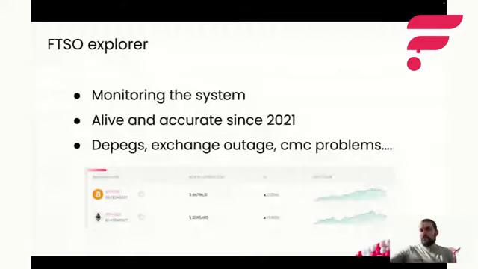So the data providers immediately switched to more secure and resilient exchanges and removed the outliers. Even when the pegs were happening, the data providers recalculated the price not according to USDT, how most coins usually trade, but according to USD, to make sure they were submitting the correct price. And we can safely say that the FTSO system has proved to be resilient enough, even in the cases of those outages. And why is that important?